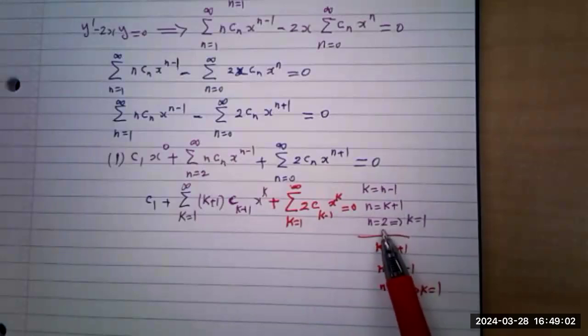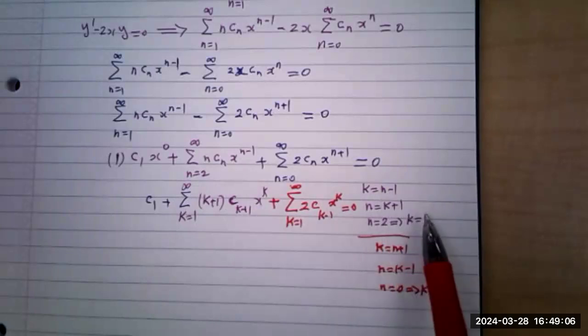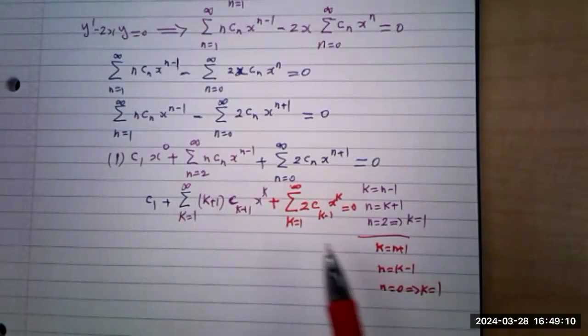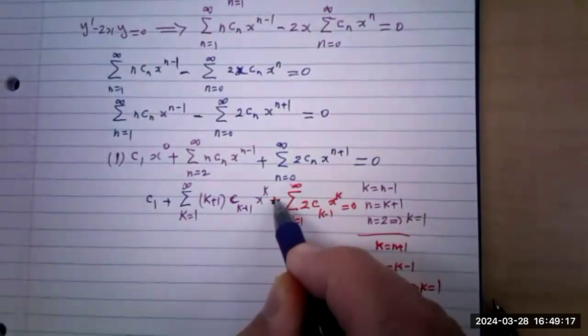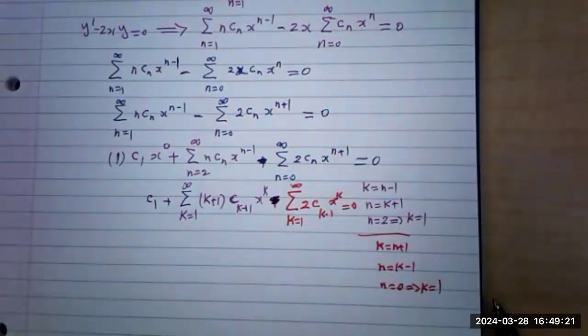You see, because n starts from 2 here, replace 2, 2 minus 1 would be 1. You have the two series subtracting each other. Oh, the minus, okay, thank you. That was a mistake. Very good.